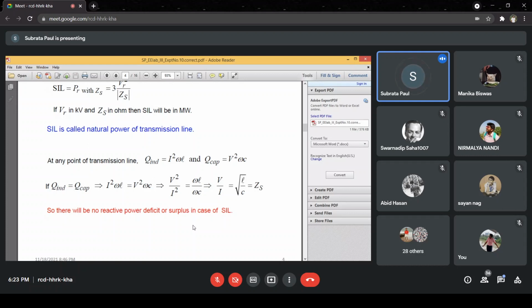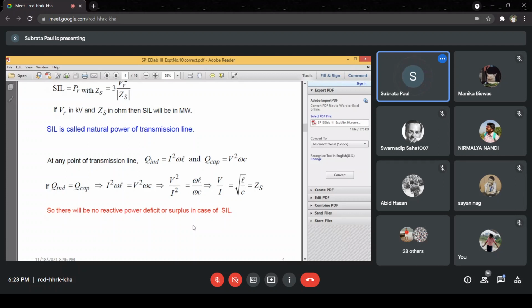Right? So at every infinitesimal length of the line, some inductive var is being absorbed by the line, if current flows through the line, of course.